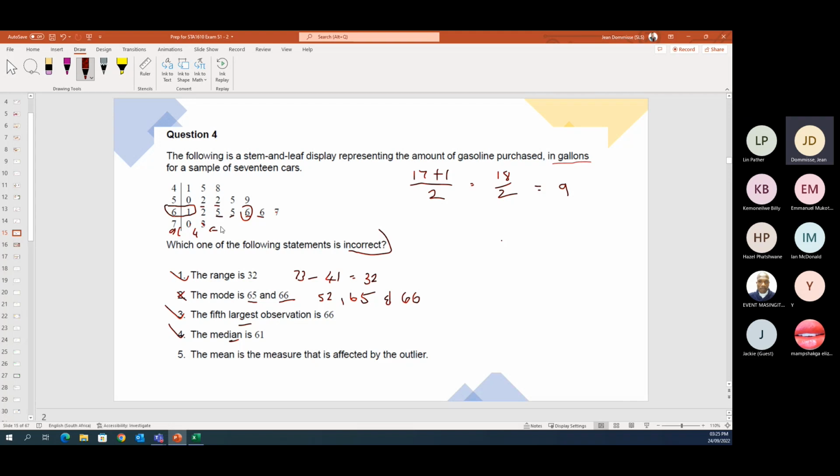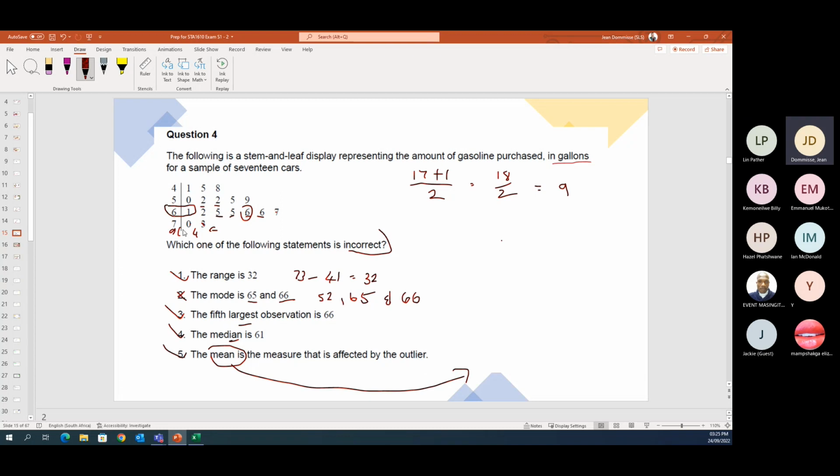So the only measure that would have been impacted by an outlier is your mean. Okay, so that is also correct. So they can ask that in a definition question to you as well. So the mean is the only measurement from the dispersion one that is influenced by the outlier.